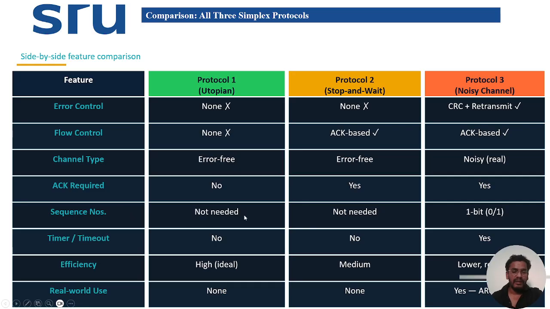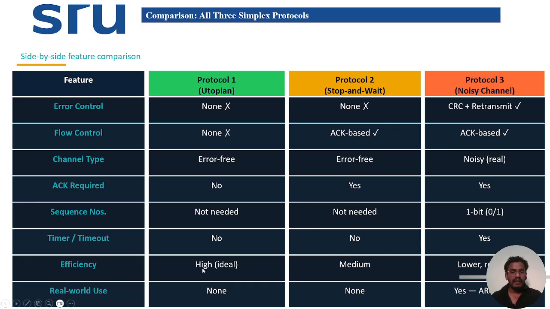Sequence number: not needed for the first and second, while the third uses a 1-bit sequence number, 0 or 1. Timer or timeout: not applicable for the unrestricted protocol, and not dependent on time in the second, but in the third case it depends on time; if there is a time delay, we need to consider data retransmission.